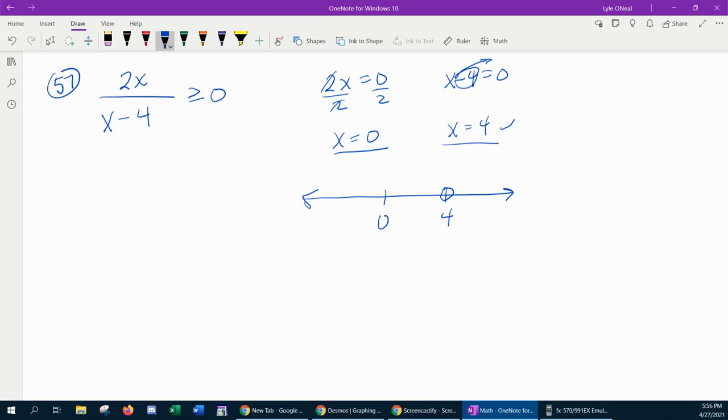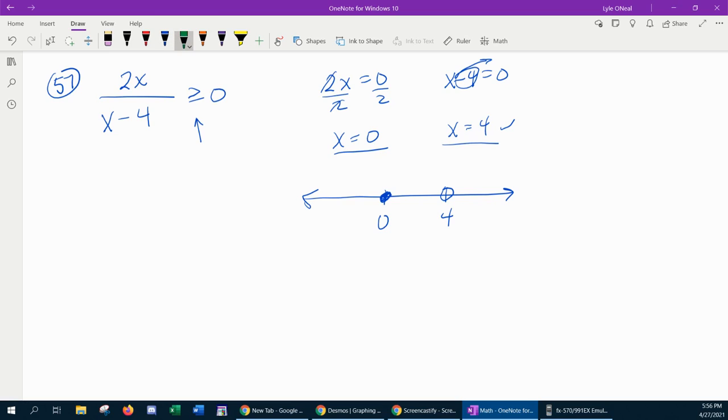Critical points that come from the bottom can never be solid dots. They have to be open circles. The 0 critical point came from the numerator, so whether it's open or solid is based on the inequality. Since the inequality has the equal to part, it's going to be a solid dot. And that takes care of the critical points.